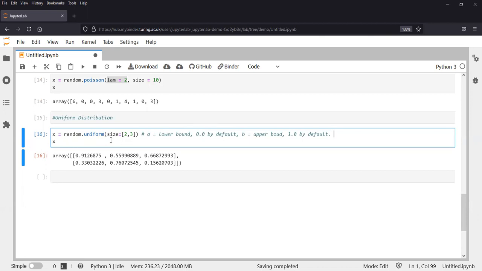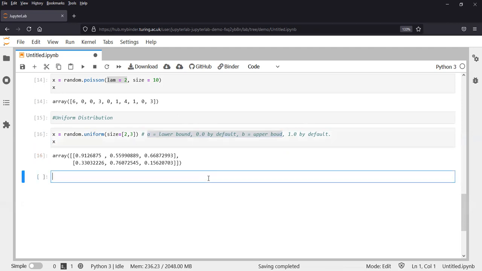The size is the length. You could ignore the first two arguments, but the size you need to mention. So that is the structure of the uniform distribution.